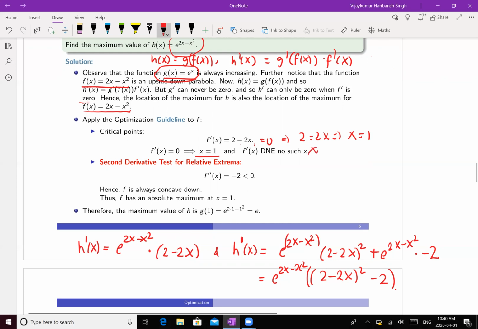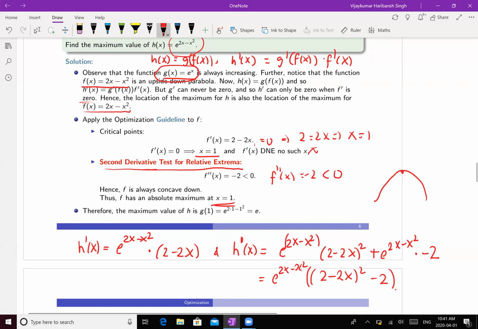Now look at the second derivative test. So we are going to determine whether it's local, or the other word for local is relative, extrema. So look at f double prime of x, which is minus 2, less than 0. So this is always concave down. And this is the maximum because it's an inverted parabola. f has an absolute maximum at x equals 1.